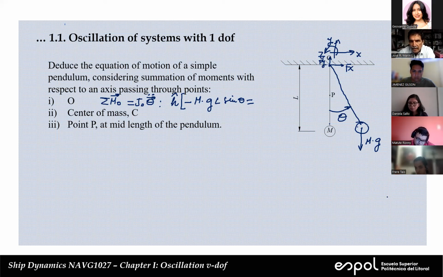If I consider this piece here or that piece here, there's no difference because the dimensions are so small. So basically the length of R is L. That means that the integral for J0 gives us, remember, M L squared times theta double dot.